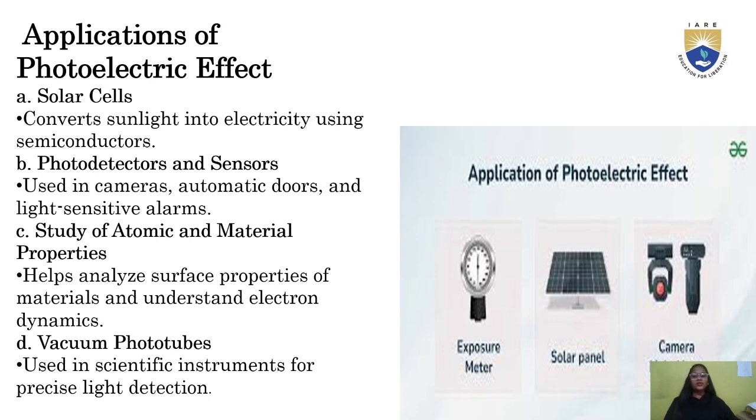Study of atomic and material properties helps analyze surface properties of material and understand electron dynamics. Vacuum phototubes are used in scientific instruments for precise light detection. As we can see here, they are used in exposure meters, solar panels, and camera light meters.